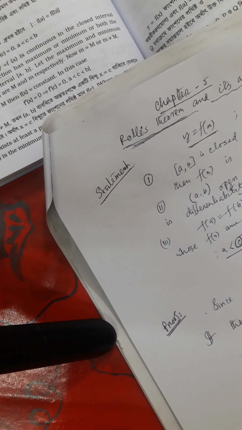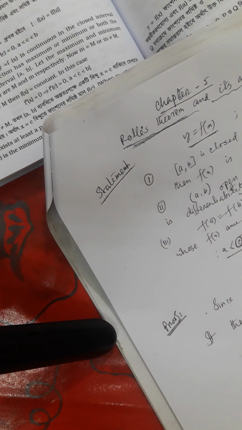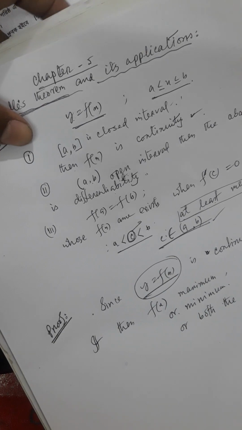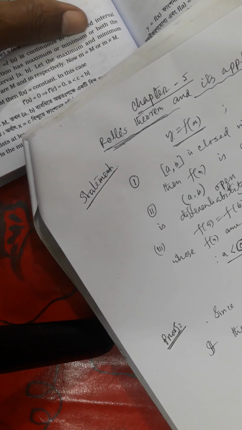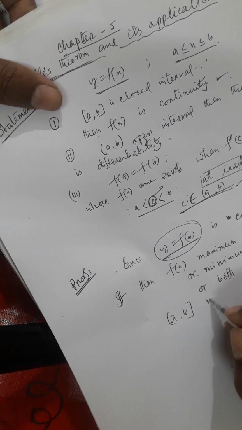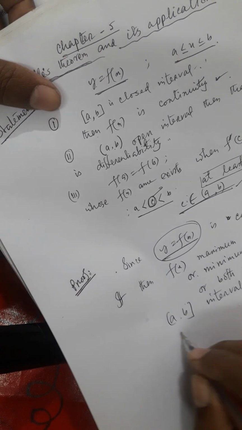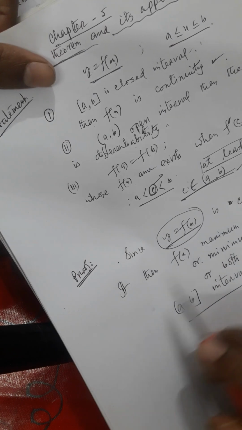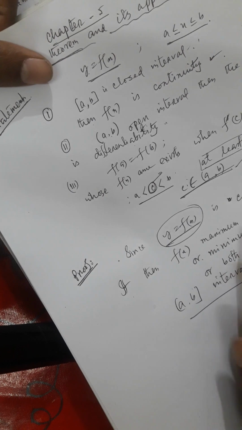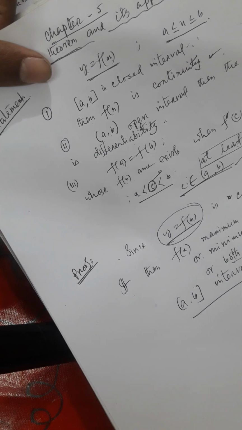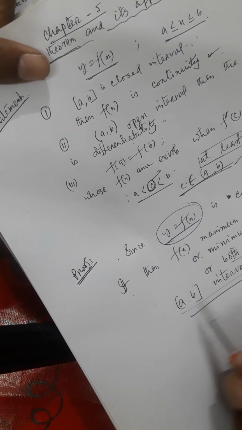the values of the above interval. Again reply that since y equal to f of x function is continuity at a to b, then f of x is minimum or maximum or both, the values of the interval a to b.